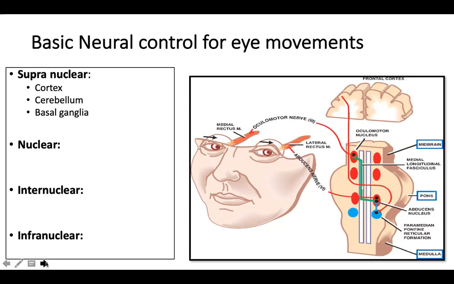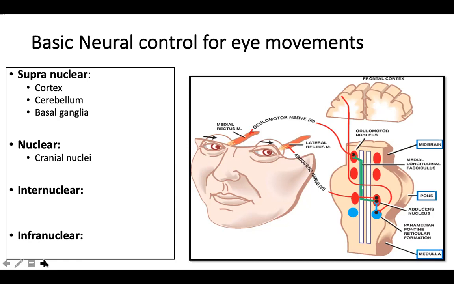Generally, a nuclear lesion would cause a complete palsy, but it is usually accompanied by neighborhood signs of the tracts passing through your brainstem. Whereas your cranial nerve lesions like sixth nerve and third nerve and fourth nerve produce monocular palsies, right? So the nuclear control of your eye movements involves your midbrain, pons and the medulla, right?